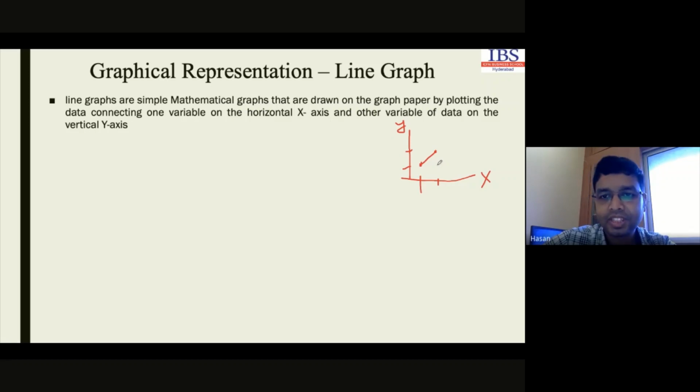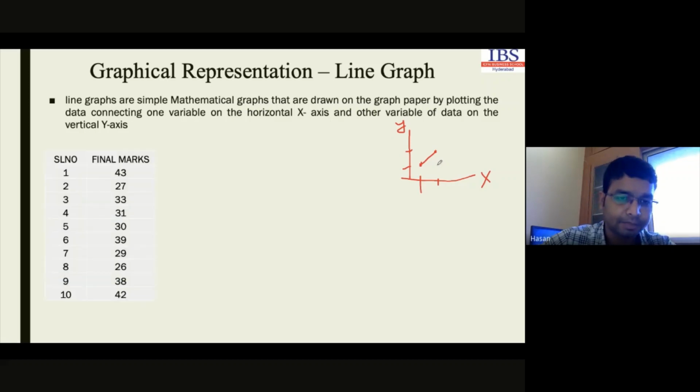Look at this example here. There are 10 students and the marks obtained by the students. We have to plot the marks obtained by the students in a graph. In this case, we have two different axes, the x-axis and the y-axis. On the y-axis, I put the marks obtained by the students, and on the x-axis, the student number.